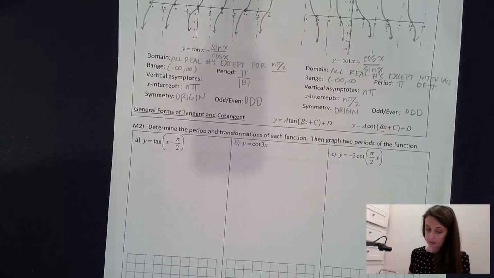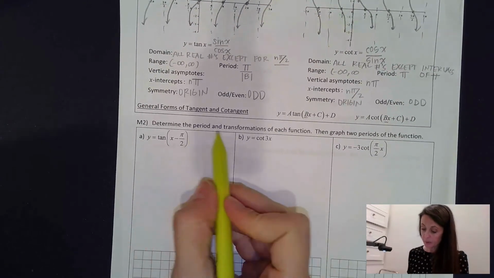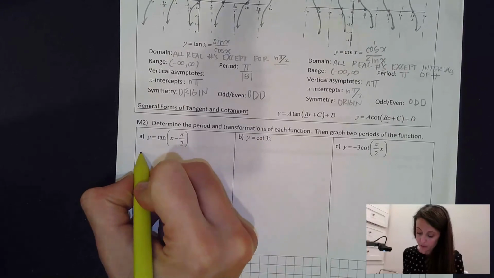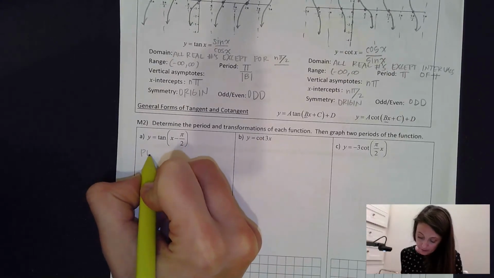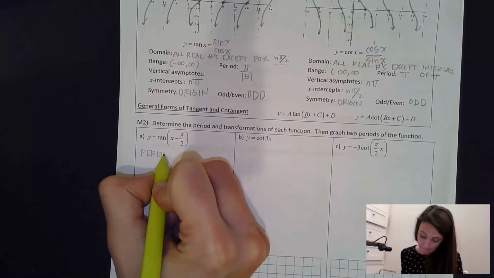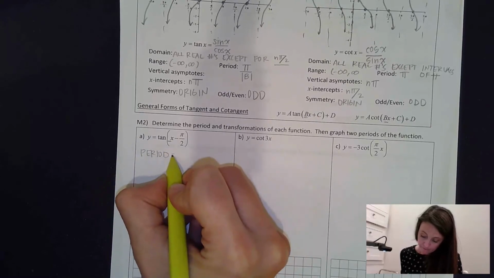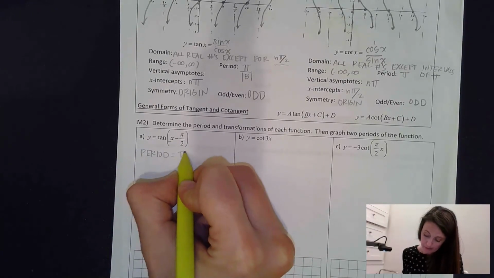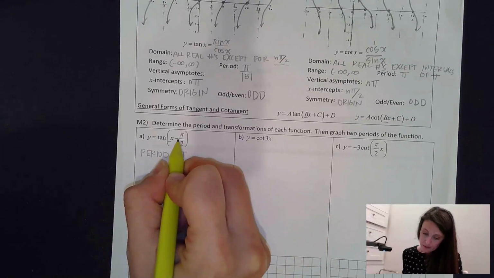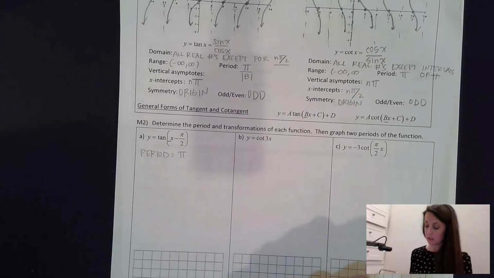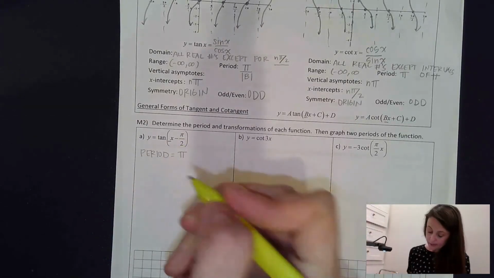Okay. All right, so let's look here. Determine the period and transformations here. So your period here is going to be, nothing is there, so it is just going to be pi. But this negative pi over 2 means that I'm going to shift it to the right pi over 2.